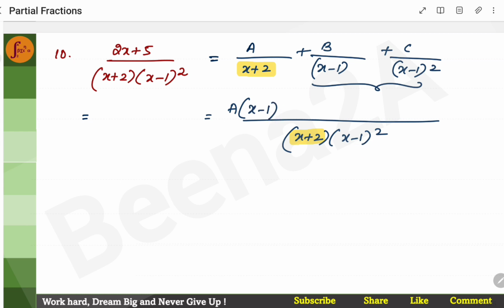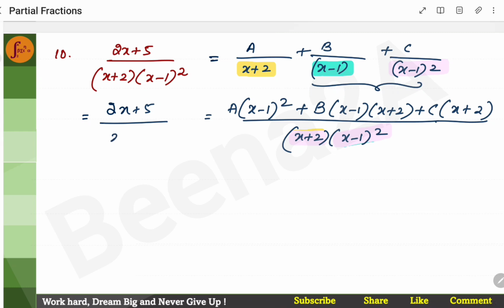So a into x minus 1 the whole square. And here you have x minus 1 here. So you need another x minus 1 and x plus 2. Then c into, you have x minus 1 the whole square here. So you need x plus 2 now. So c into x plus 2.